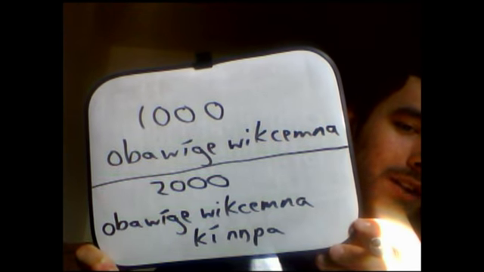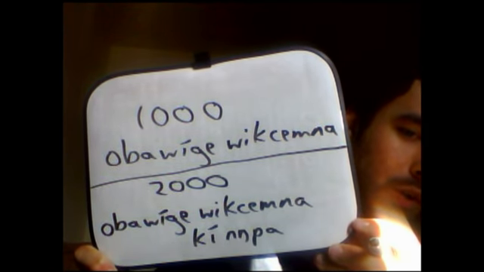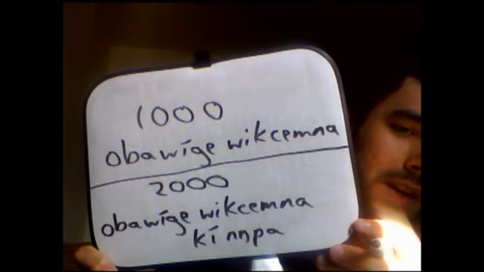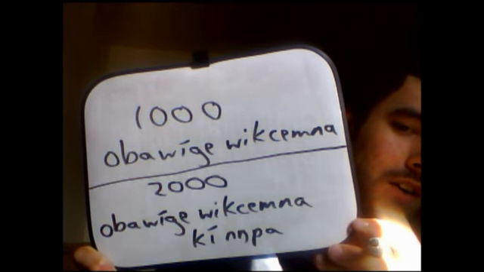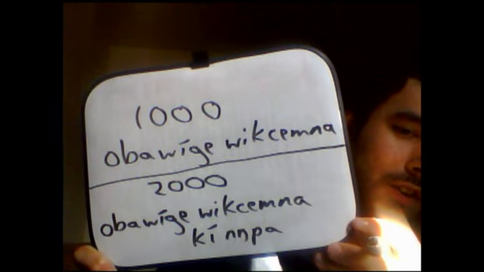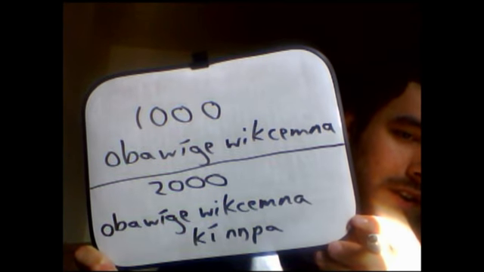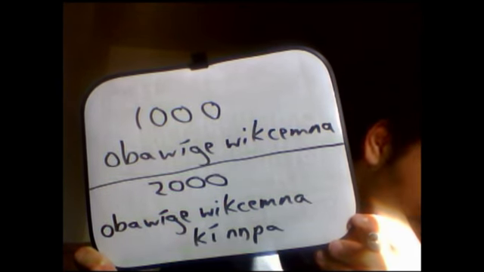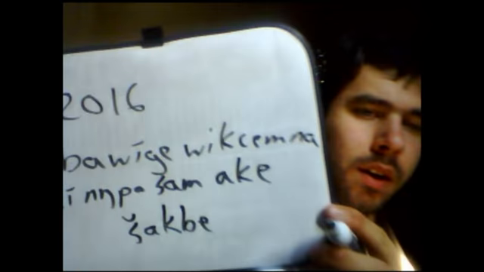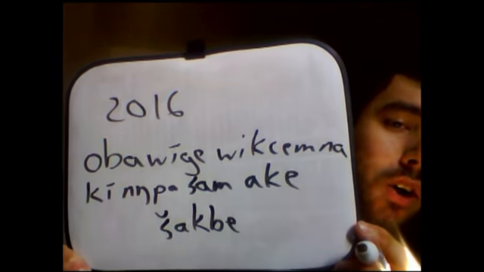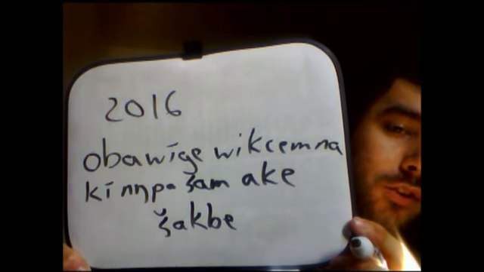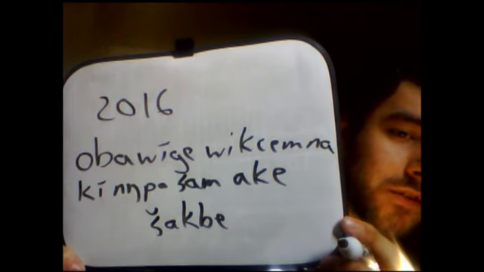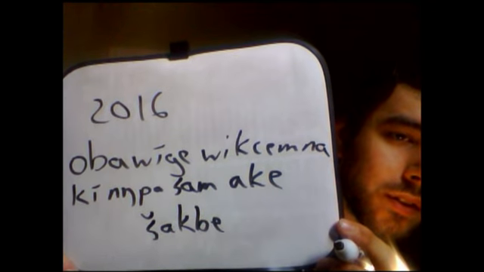Using the Ke helps to keep the 2,000 part separate from anything that comes after that. And here is the year, Opawiche Wikchemna Ke Nompa Sama Ke Shakbe, soon to be 2017, Ake Shakawe.